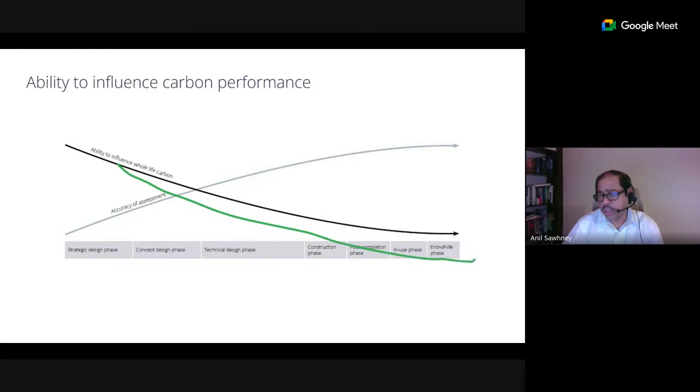As you progress over time, practically it's impossible for you to, even though the accuracy of assessment is going to go up, any changes made here, like in retrofit or during construction, are not going to have much impact on carbon performance of that building or asset. And also, moreover, you may have higher costs associated if you are somewhere here and making a decision.